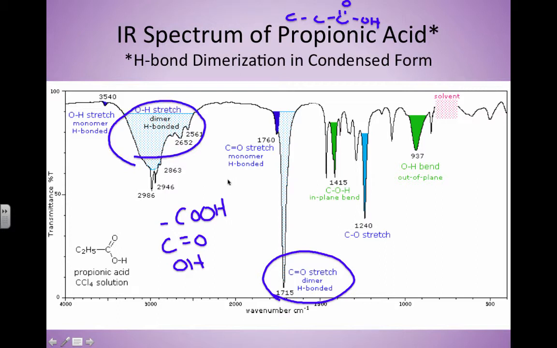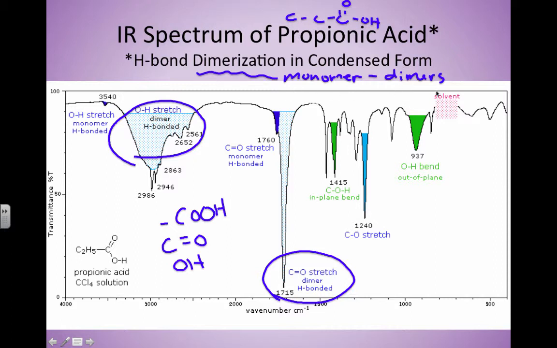But what's kind of weird in propionic acid is that the hydrogen bonds between the molecules cause dimerization when it's in a condensed form. The molecules begin to stick together into not monomers of propionic acid, but actually group up into groups of 2 called dimers.